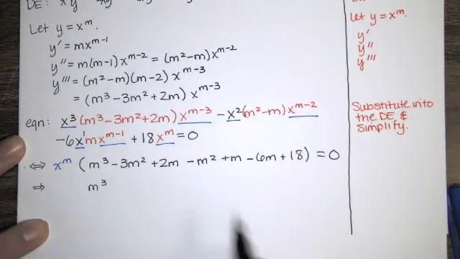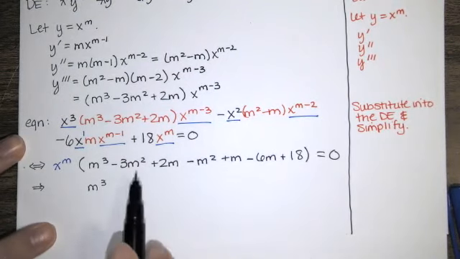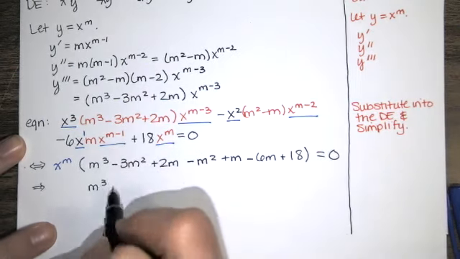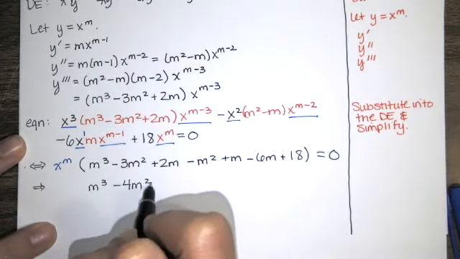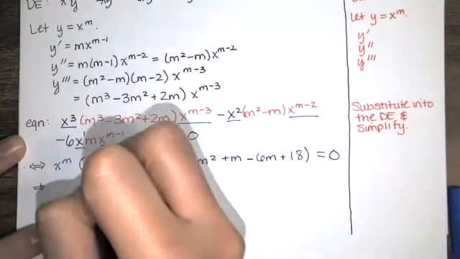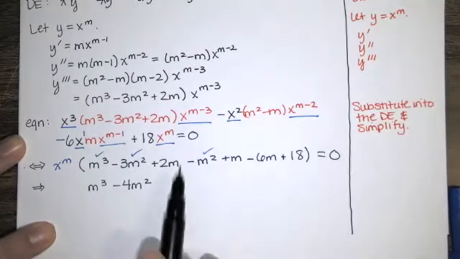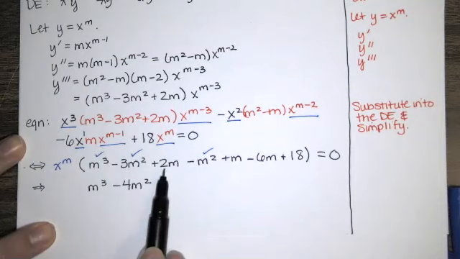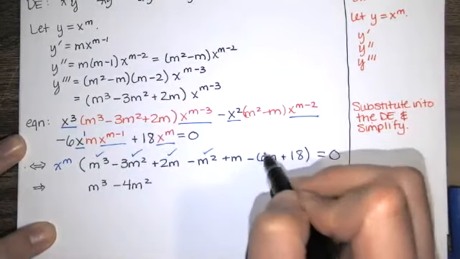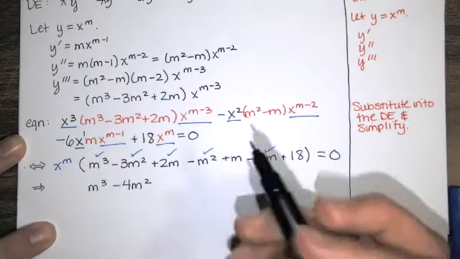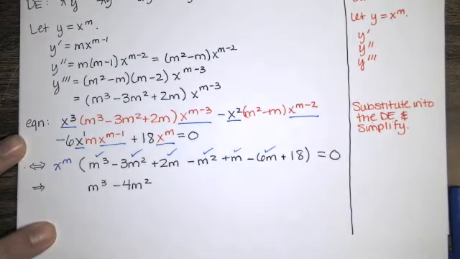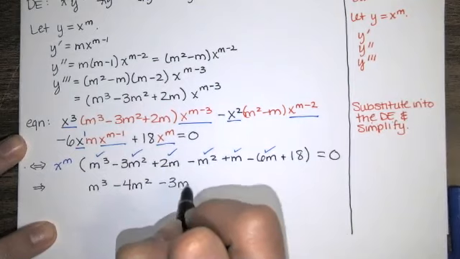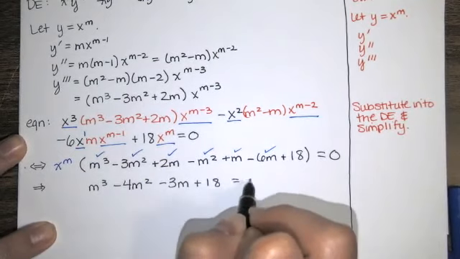So let's simplify this polynomial. We've got m cubed here. And I've got minus 3m squared minus m squared is minus 4m squared. And I've got 2m plus m is 3m. 3m minus 6m is negative 3m. And then you've got that plus 18 at the end, and that equals 0.